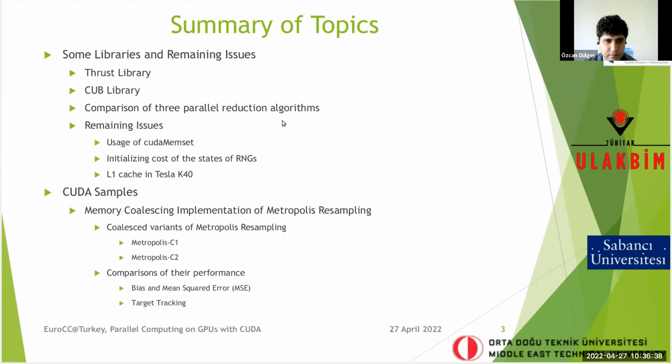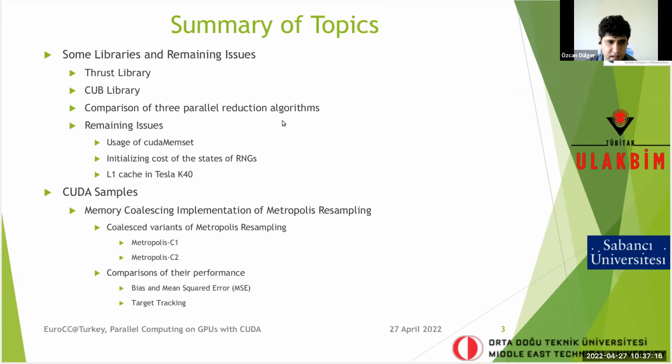And in the third session today, I will show you some of the libraries such as Thrust library, CUB library, and I will compare their parallel reduction algorithms. And the second topic is the remaining issues, such as the proper use of cudaMemset, the initializing cost of the states of the random number generators, and the L1 cache used in Tesla K40 board.